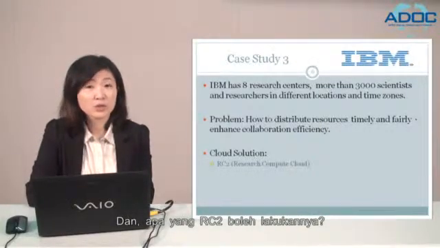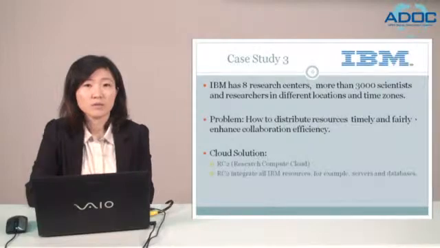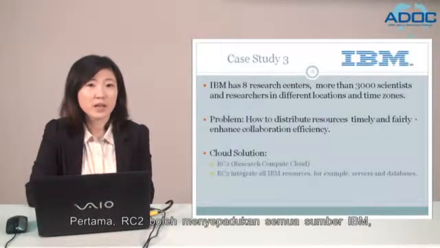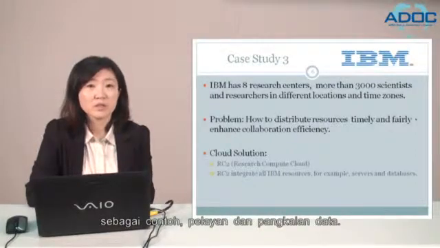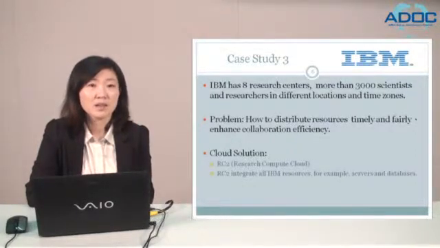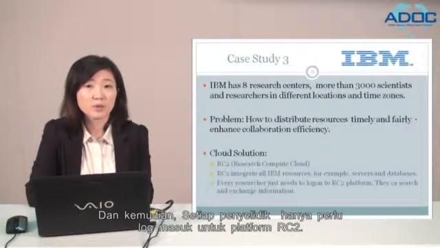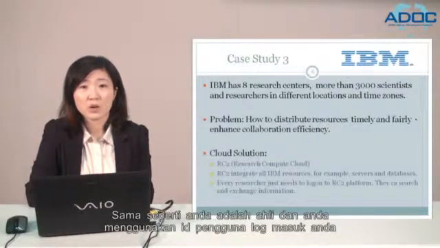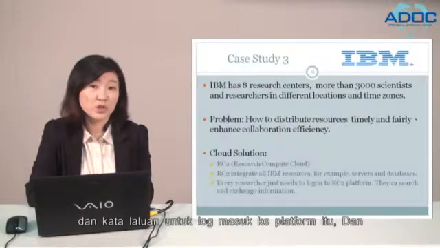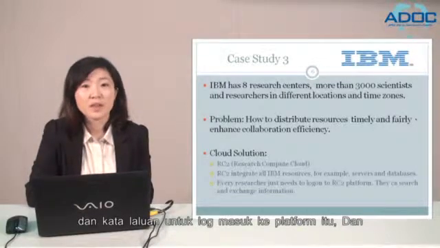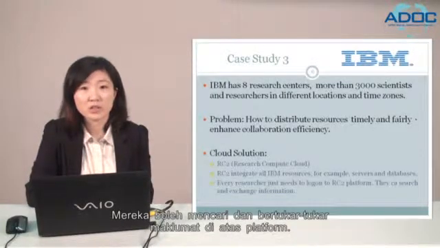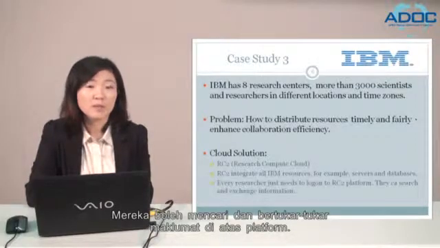And what can RC2 do? First, RC2 can integrate all IBM resources, for example, servers and databases. And then every researcher just needs to log on to the RC2 platform, just like you are a member and you use your user ID and password to log on to that platform, and they can search and exchange information on the platform.